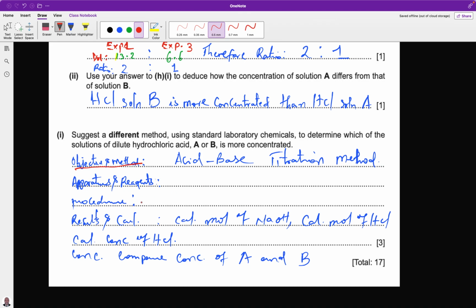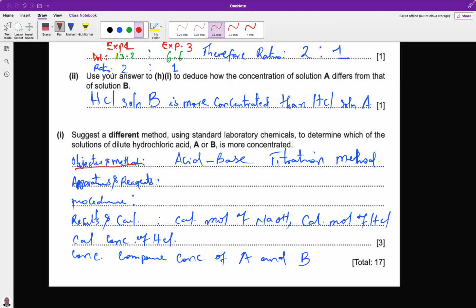Procedure: follow the acid-base titration procedure. Results: using the results, calculate moles of sodium hydroxide, calculate moles of hydrochloric acid, and use the moles of hydrochloric acid and the volume of hydrochloric acid to calculate the concentration of hydrochloric acid.